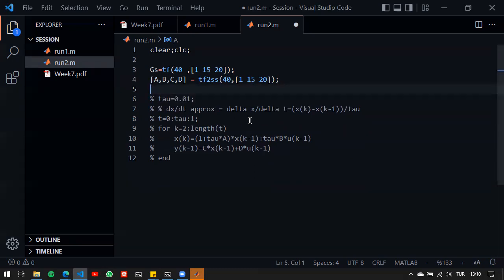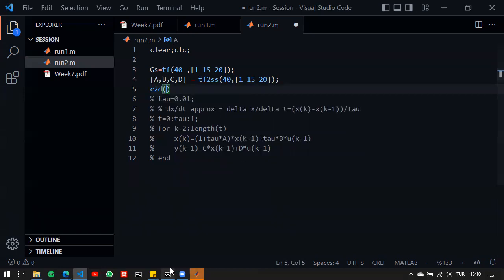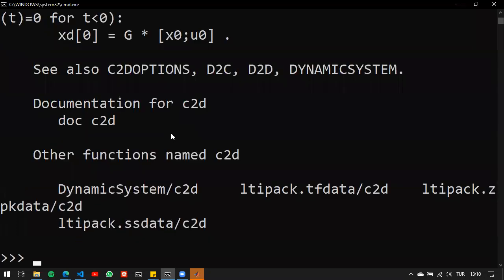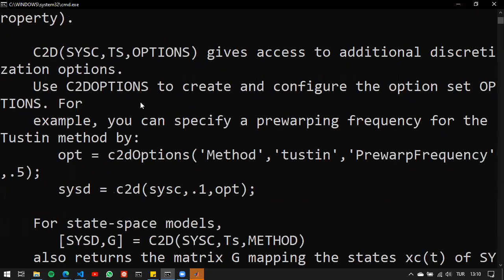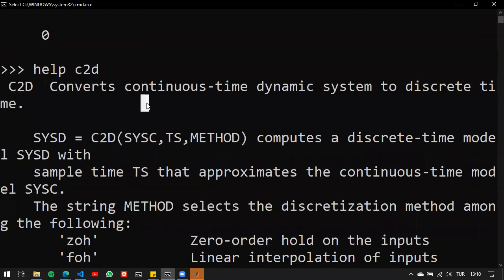So now this is, again, a continuous time state space formulation, but we have to convert it into discrete. So there's a function called continuous to discrete, C to D, and it'll convert a certain continuous time dynamic system into a discrete time one.